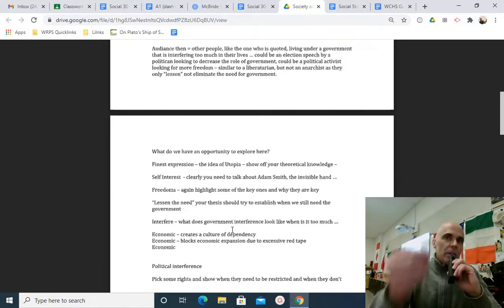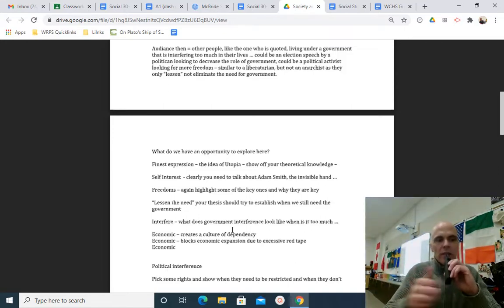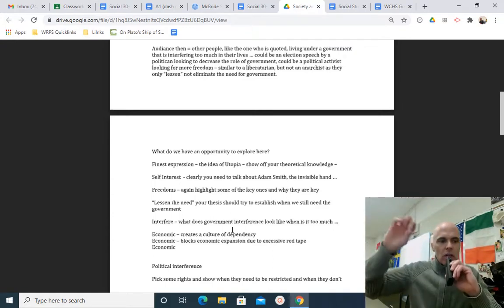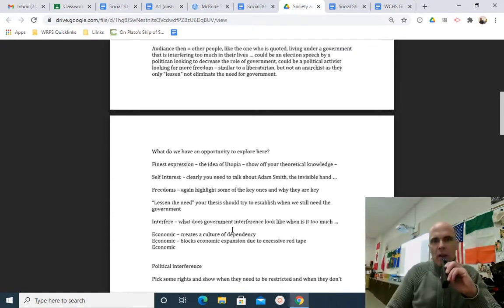And I think from an economic standpoint, there's an opportunity to establish this is how we need government. Or from a political standpoint, you can look at individual rights and freedoms, individual ones in our fundamental rights in the Canadian Charter, or look at individual amendments to the U.S. Bill of Rights and say, under what circumstances do we need government to protect or even maybe limit some of these rights.